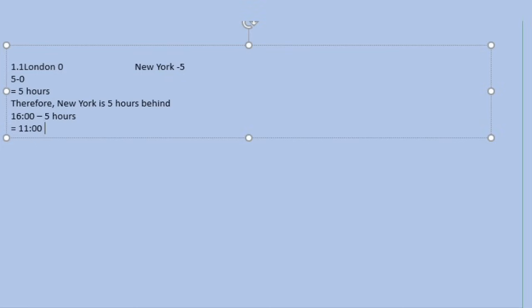And then we add 8 hours, which is the flying time. And that equals 19 hours, 21 September.